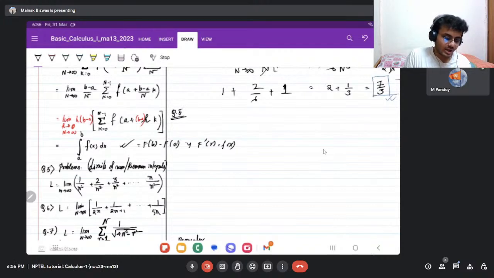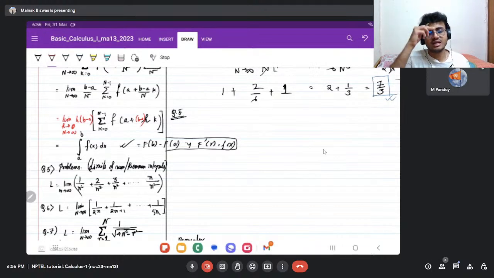Why I was saying integrals are easier to compute than sums is because of something like this. The sum may be an easy sum to compute. You may take 1 by n and take a limit and n into n plus 1 by 2 and solve it, right? But we will not be doing it that way. We will be solving it using integrals.